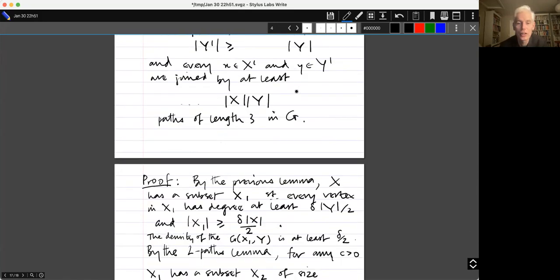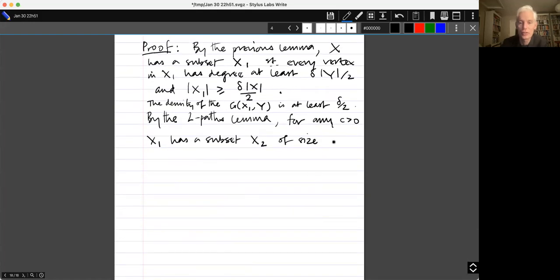So back down here, it's delta times the size of x1 over 2 root 2. So delta over 2 is the new delta, and then the root 2 is the root 2 that we had before, such that for all but at most 2c delta to the minus 2, but that's the old delta.